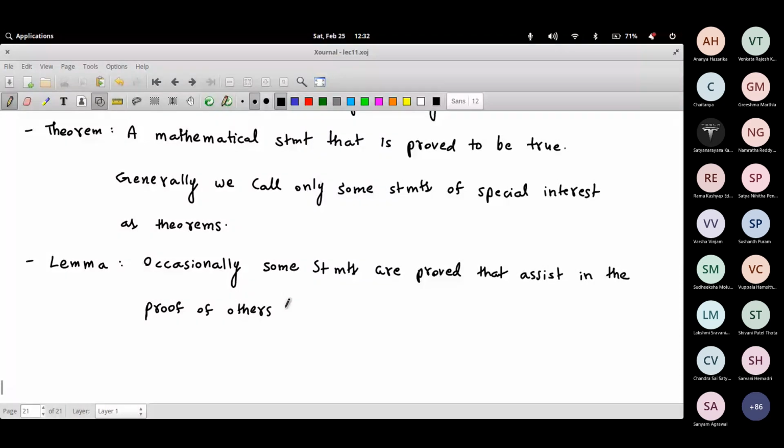Such statements are called lemmas. Okay, so lemmas are also true statements. They are also proved, but they are not of special significance. They are true, but they are not that important. But they are useful in proving more important statements. Okay, so such statements are called lemmas.